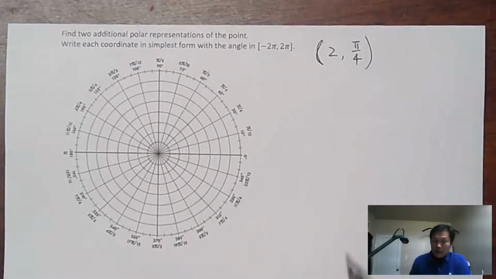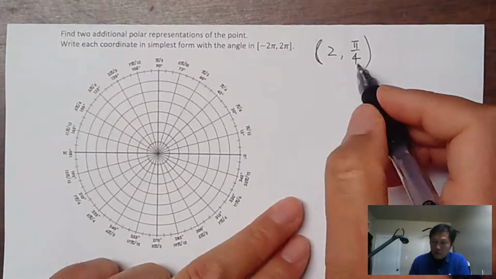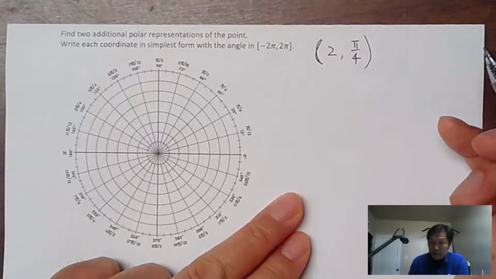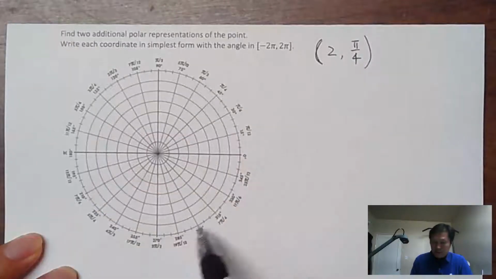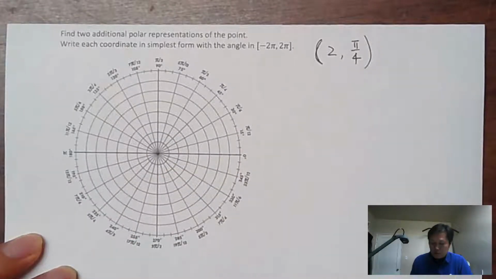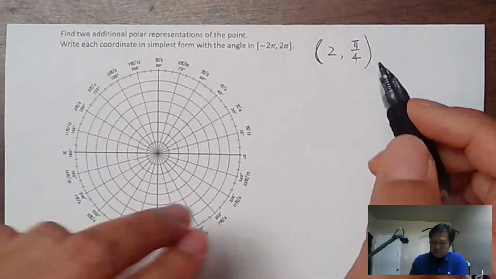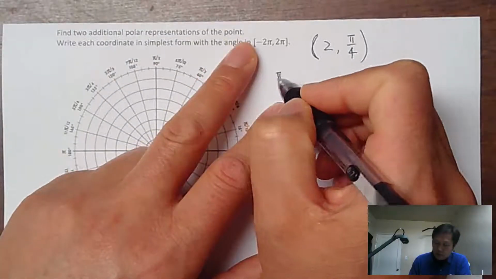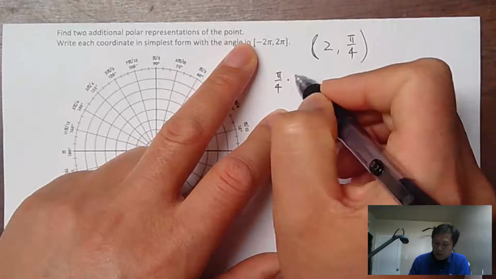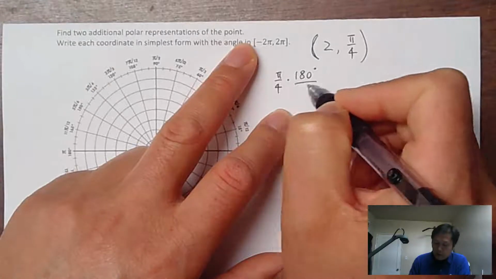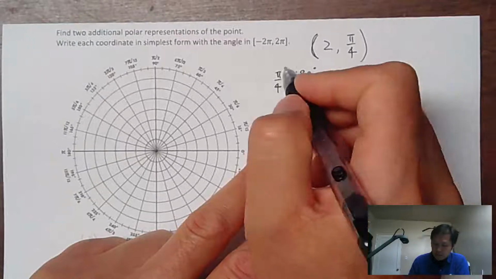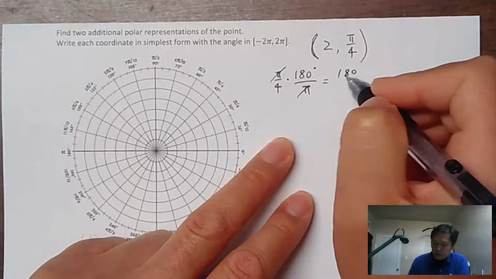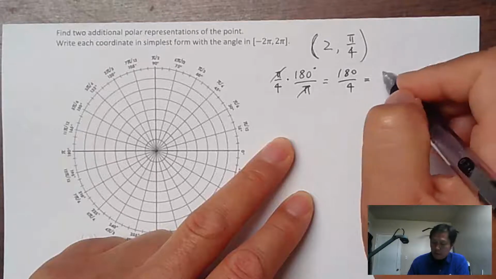pi fourth as an angle, if you convert to degree, it will be 45 degree. Or if you have this kind of drawing available for you, so if you do pi fourth times 180 degree over pi, it will be 180 over 4, it will be 45 degree.